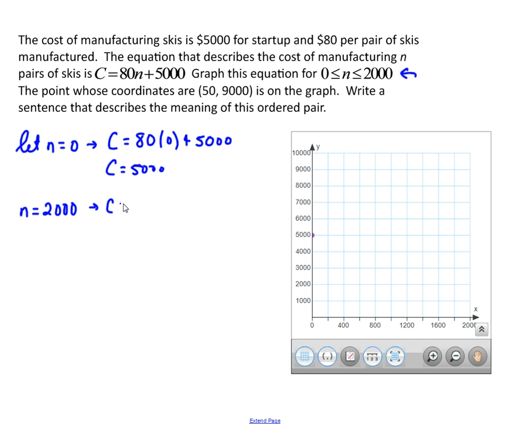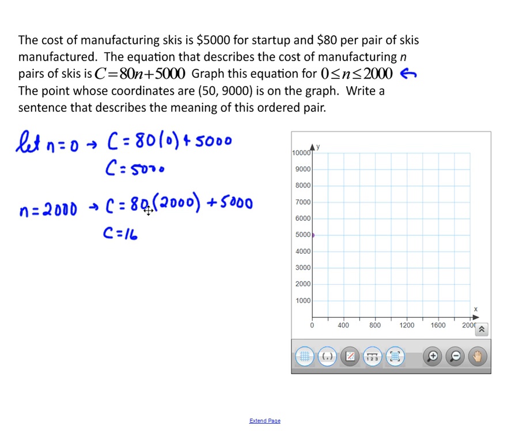Our cost is going to be the number 80 times 2,000 plus 5,000. Now, I know a lot of people look at all those zeros and think, oh my gosh, what's going to happen? Well, in fact, there's a really easy trick that we can use. We know that 8 times 2 gives us 16.